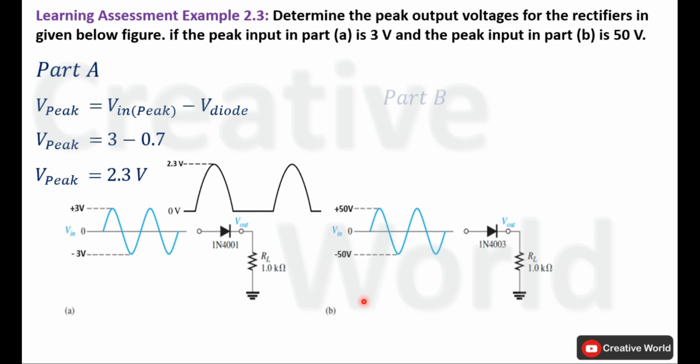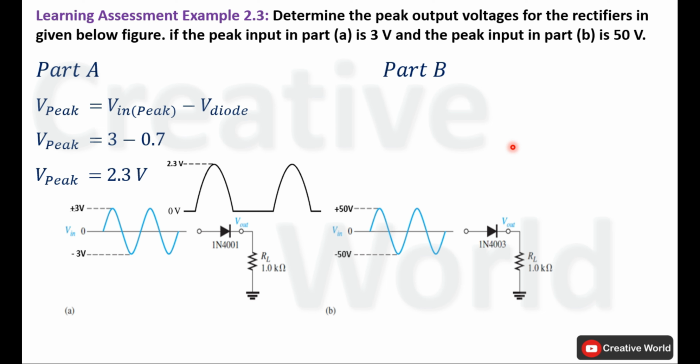Move towards part B. Inside this rectifier circuit, the peak input voltage is 50 volt and the diode number is 1N4003. This is also a silicon diode, so the voltage across this diode will be 0.7 volt, which is also known as forward drop voltage across the diode.